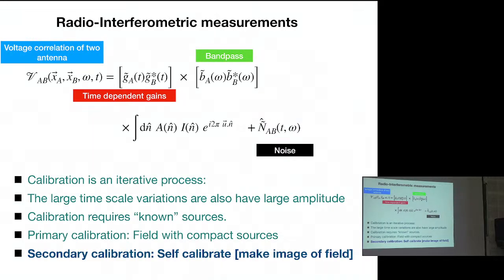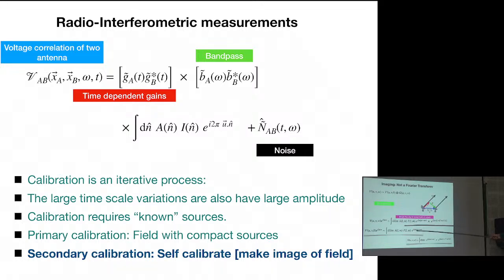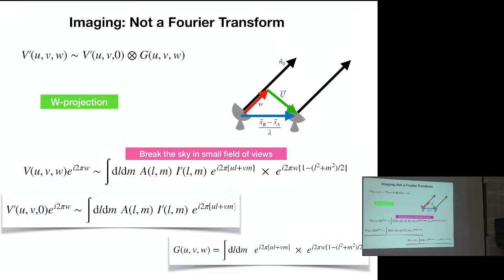Okay, so that takes care of the fact that the original relation is not a Fourier transform relation, but now with these approximations you can actually estimate the sky intensity. How should I decide how many planes in which I will divide my entire sky?